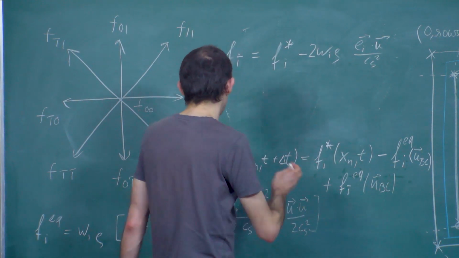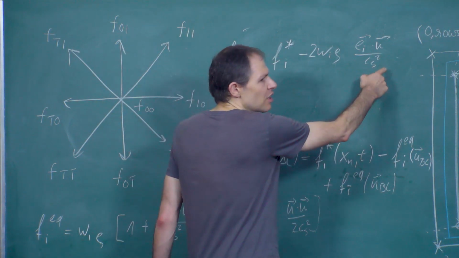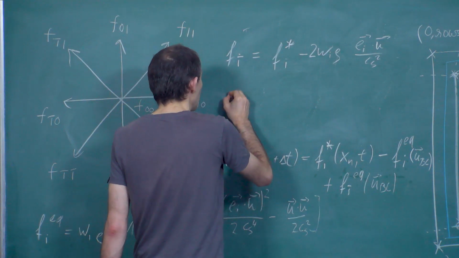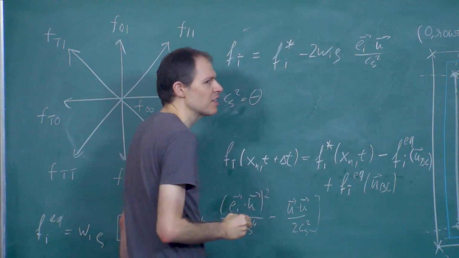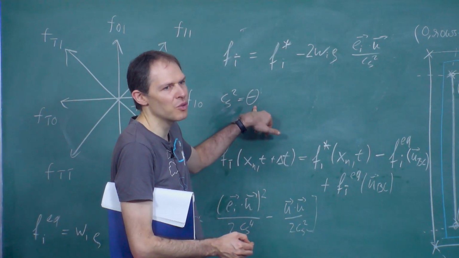Now, one thing that I skipped over yesterday is that we call the dimensionless version of this CS square, in dimensionless form, we call this theta, which is speed of sound square is related to the temperature.